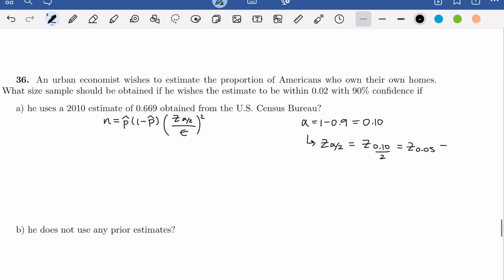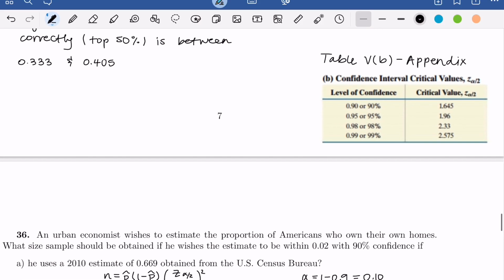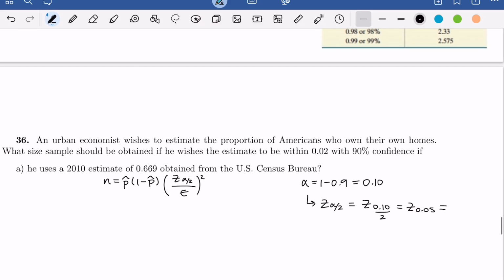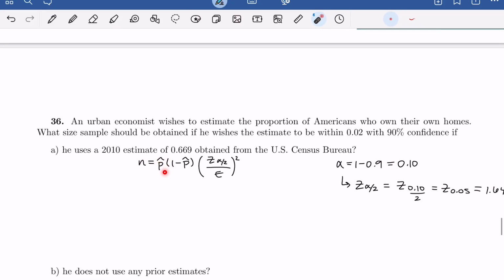And this critical value, actually scroll back up to this table here, is going to be 1.645. Okay. For this p hat here, this is going to be our prior estimate of p, and we're going to use this 0.669. And then lastly, our margin of error was given here to be 0.02.